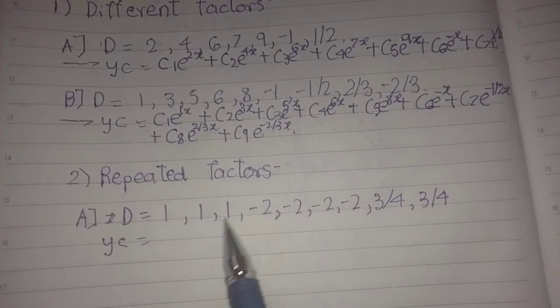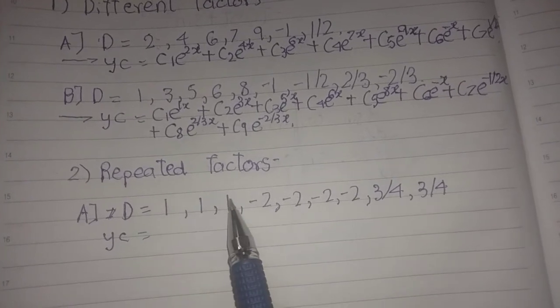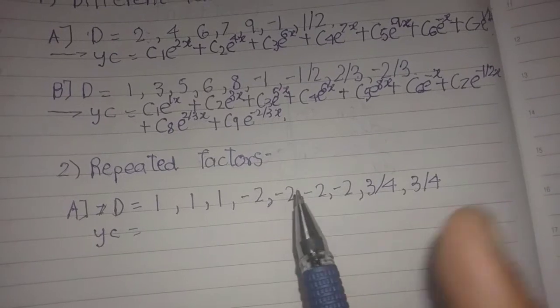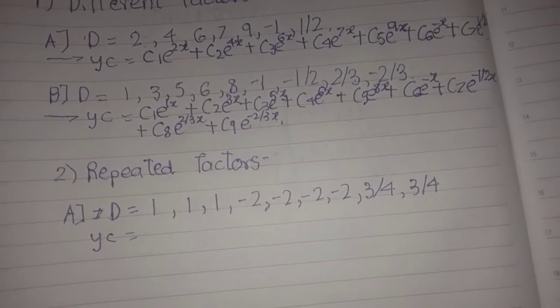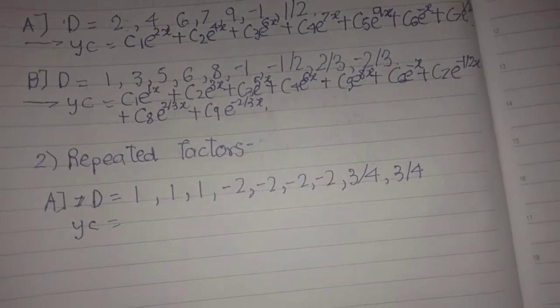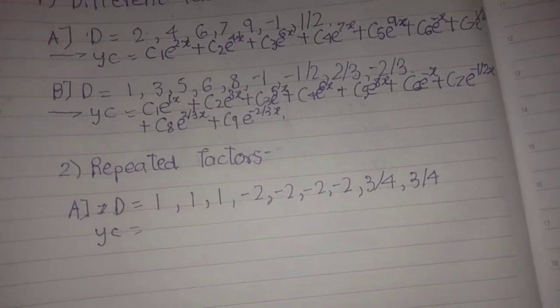Here 1 forms a group of 3 where all three terms have the same sign. Here minus 2 is repeated 4 times and the minus sign and the number 2 are common. Here 3 by 4 is repeated 2 times and both the signs are the same.